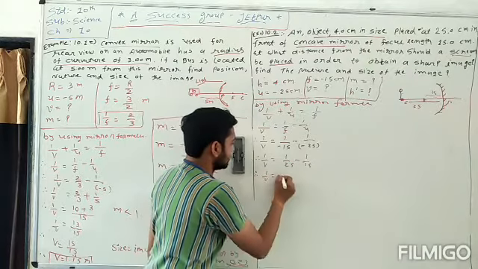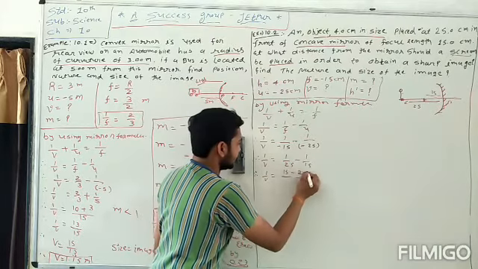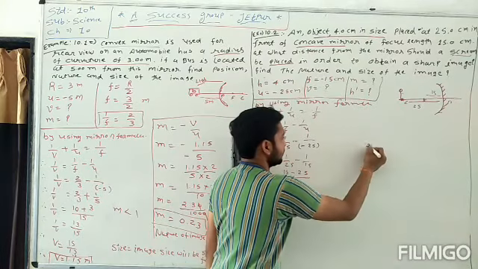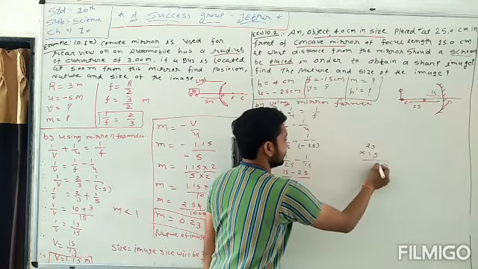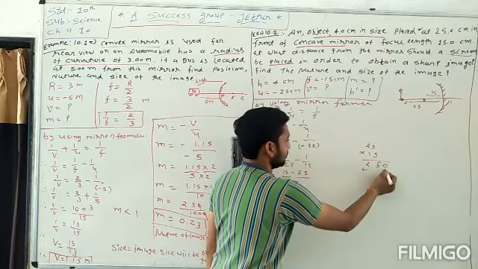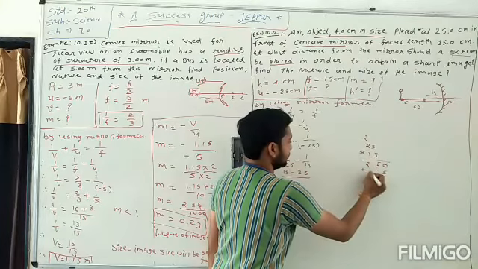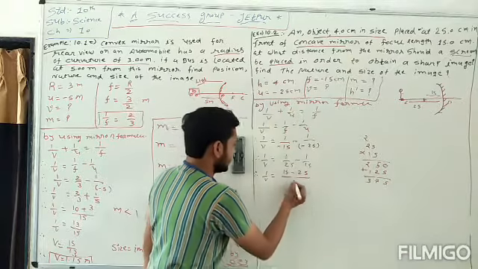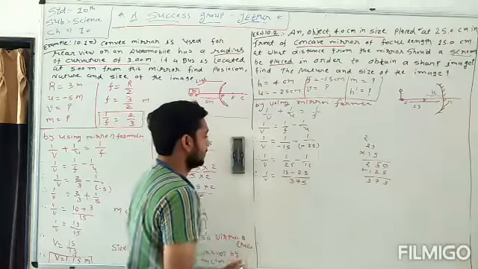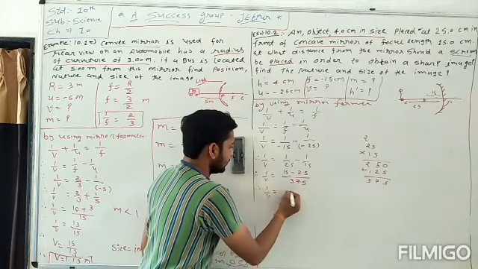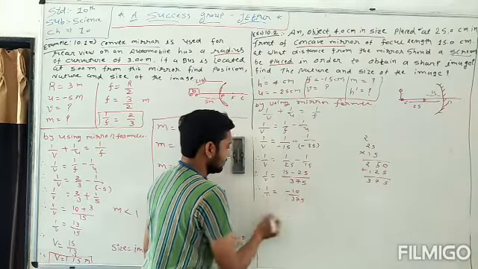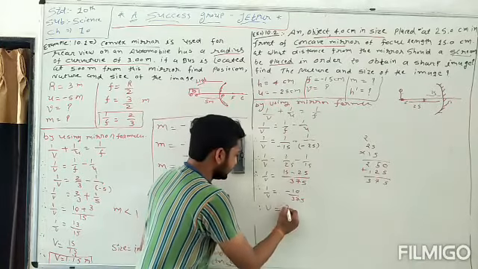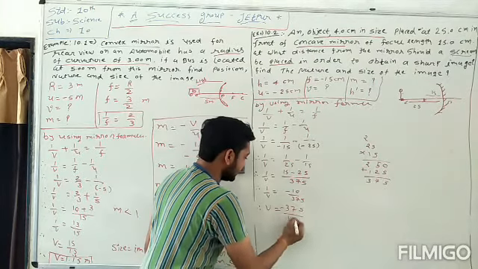Now 1 by v is equal to 15 minus 25 by 25 into 15. So 25 into 15 is 375. 1 by v is equal to minus 10 by 375. Now taking the reciprocal, v is equal to 375 by minus 10.